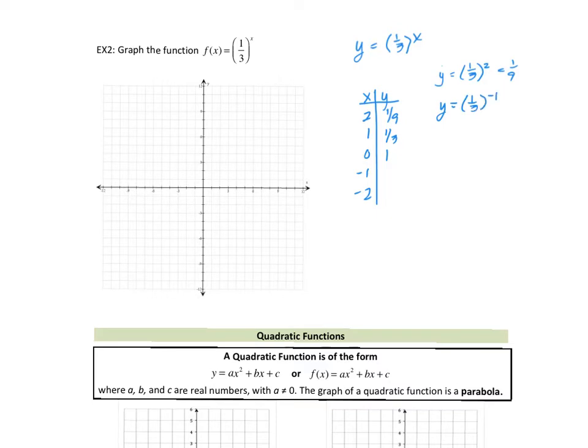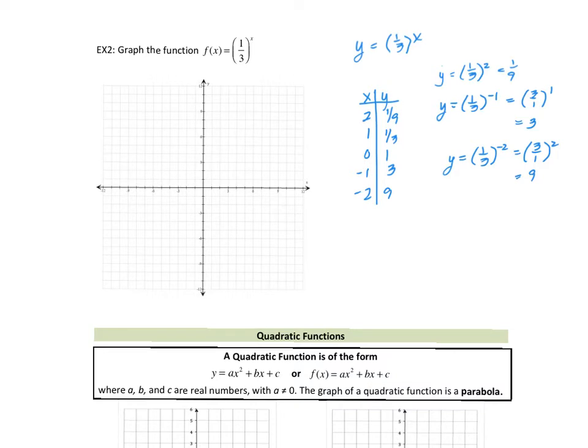Remember, to make the exponent positive, we flip everything. So this is the same as 3 over 1 to the +1, which is simply 3. And then y equal to 1/3 to the -2 would equal 3 over 1 to the +2, which is 9 over 1, or 9.